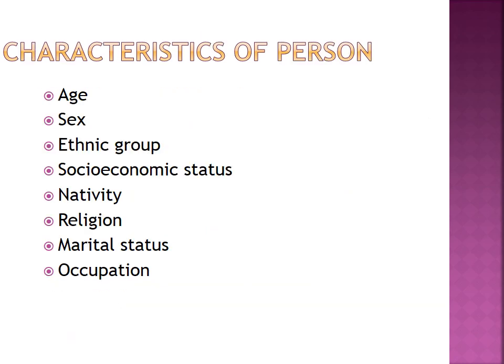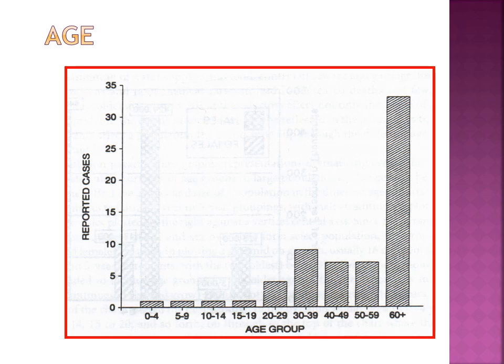The characteristics of persons: age, sex, ethnic group, socioeconomic status, nativity, religion, marital status, occupation, etc. So these are some empirical examples, like some disease X or Y. The reported cases are on the y-axis and the age group on the x-axis, and it shows that it is more in the older age group who are more than 60 years old.